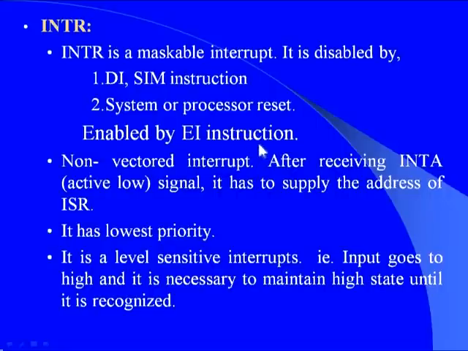Since it is a non-vector interrupt, if the microprocessor receives an interrupt signal through the INTR pin, it will immediately generate an INTA bar, that is, the interrupt acknowledge signal, from pin number 11. By using this interrupt acknowledge signal and some external circuitry, we have to place the address on the address bus so that execution may start from that address.